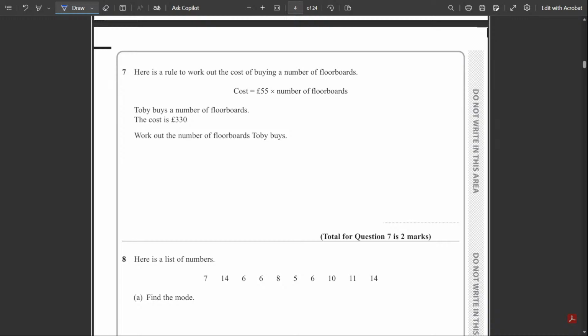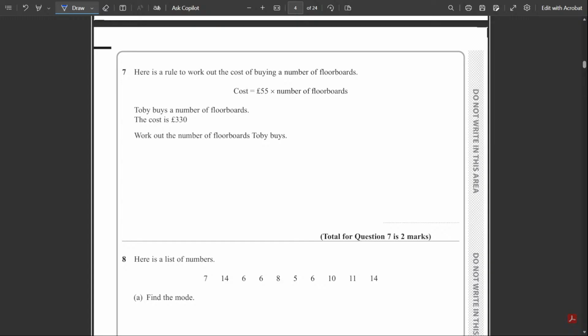Here's the rule to work out the cost of buying a number of floorboards: cost is 55 times the number of floorboards. Probably buys a number of floorboards and the cost is 330. Work out how many floorboards he bought. Remember, each floorboard will cost him £55.